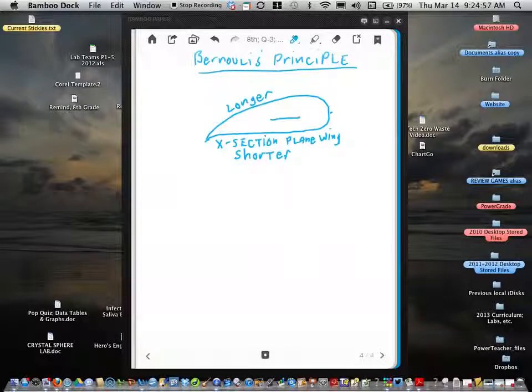The plane, of course, is moving in this direction, and the air is flowing, and it's cutting through the air like so.